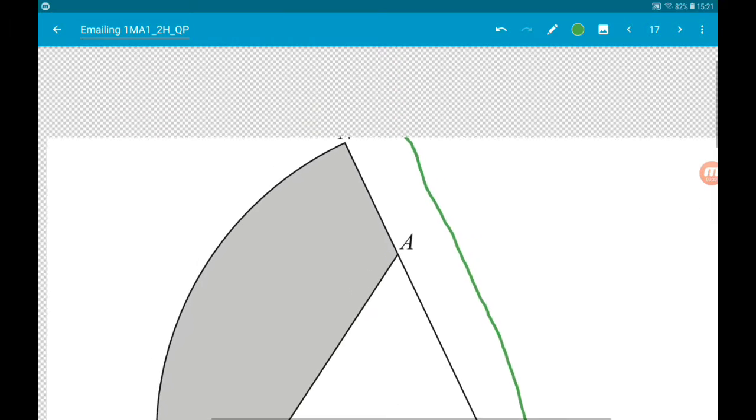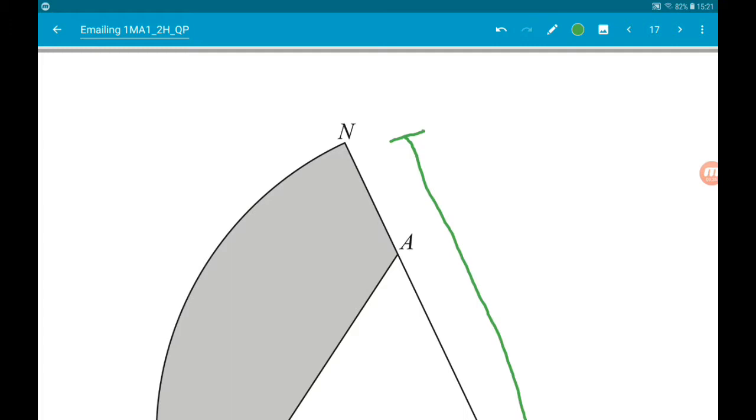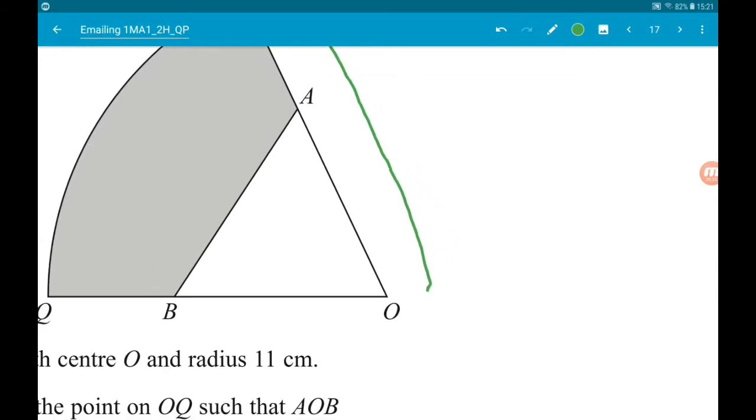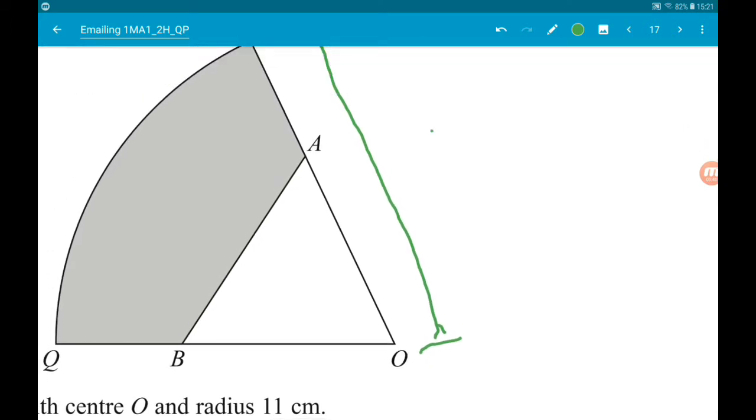So we know this whole length is 11 centimeters. Then we're told A is a point on ON and B is a point on OQ, such that AOB is an equilateral triangle of side 7 centimeters.